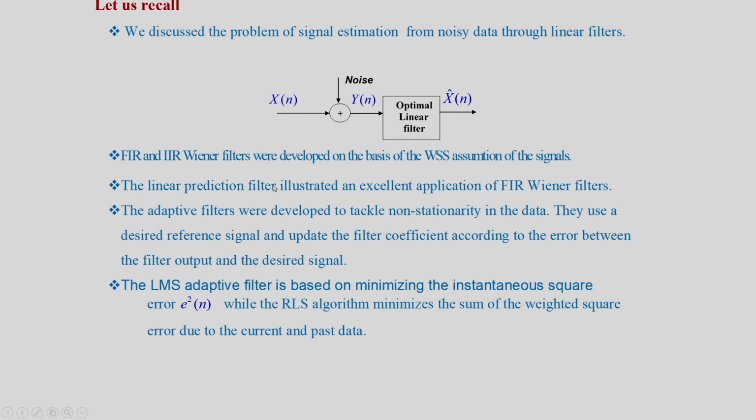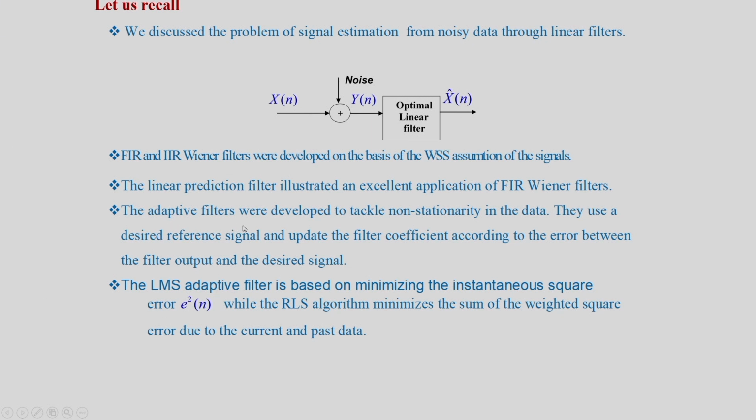The linear prediction filter illustrated an excellent application of FIR Wiener filters. We discussed the linear prediction problem, then linear prediction and prediction error filters, a faster algorithm for their implementation, and one efficient realization of the linear prediction error filter.